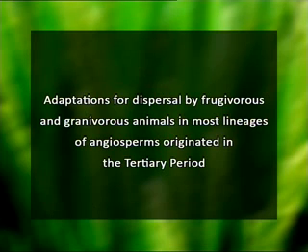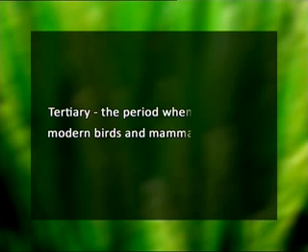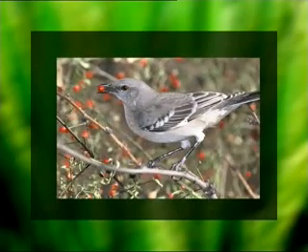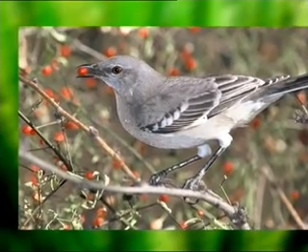Adaptations for dispersal by frugivorous or granivorous animals in most lineages of angiosperms originated in the Tertiary period, the same period when the radiations of modern birds and mammals occurred. Consequently, the evolution of large, bright-colored fruits and seeds in the majority of angiosperms was linked to the evolution of these animal groups, which helped in their fruit dispersal.